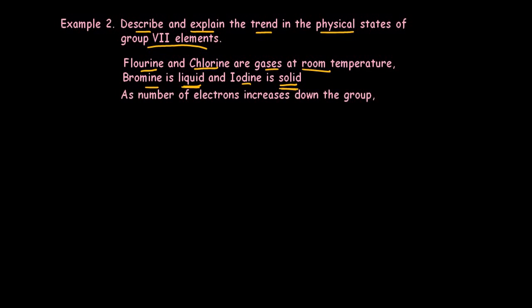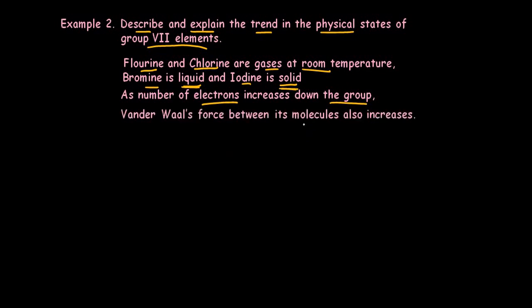The reason for this is that as the number of electrons increases down the group, the van der Waals force between its molecules will also increase. Now we say molecules because fluorine, chlorine, bromine, all the elements of group 7 exist as diatomic molecules.